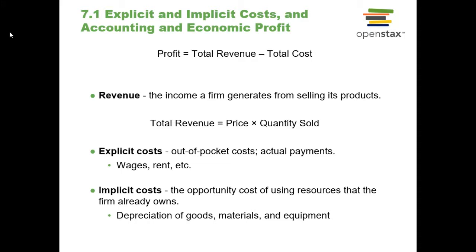And again, like I talked about earlier, we're going to assume that firms are profit maximizing. Profit is your total revenue, which is your price times quantity sold, minus your total costs. And we're talking both explicit costs, such as labor costs, payments, rent, input costs, and implicit costs, the opportunity cost of using your resources.